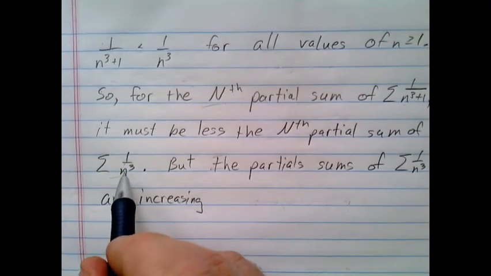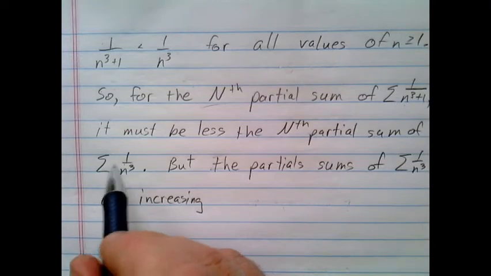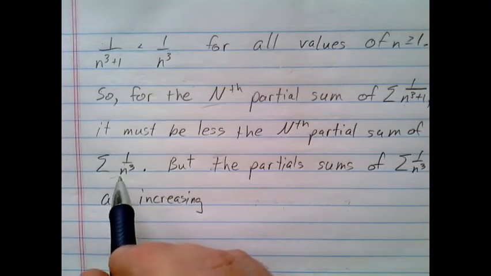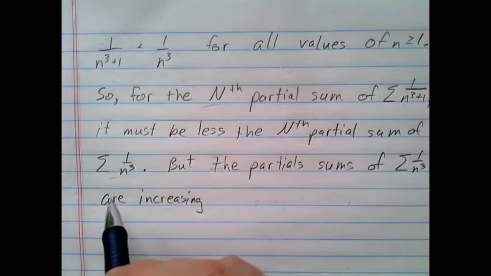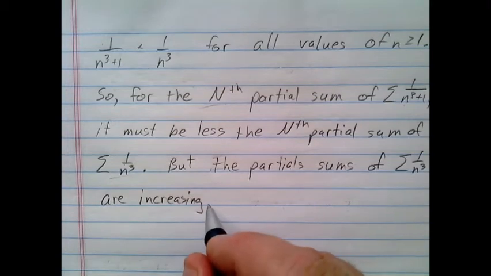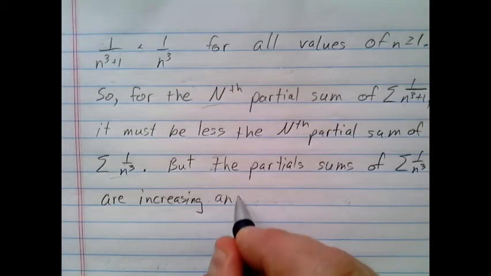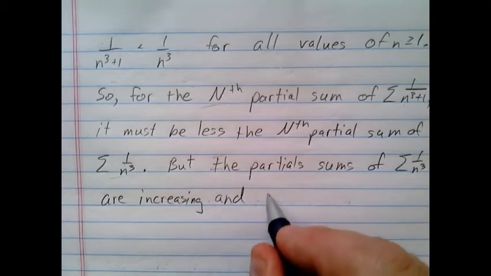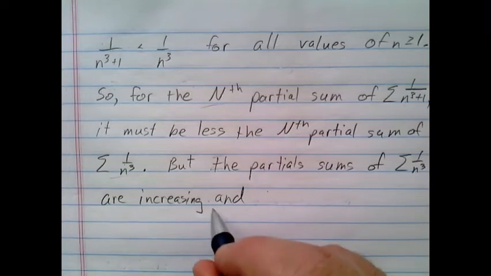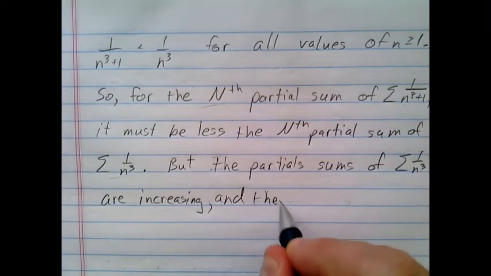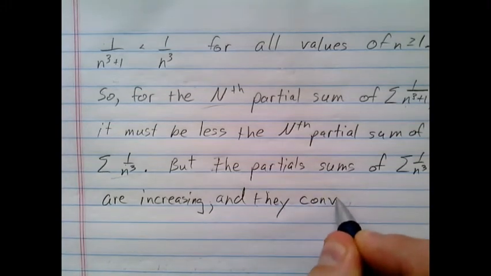Well, they're all positive, so every time I add another term to get the next partial sum, it's got to get bigger. Okay, those partial sums are increasing, and they converge.